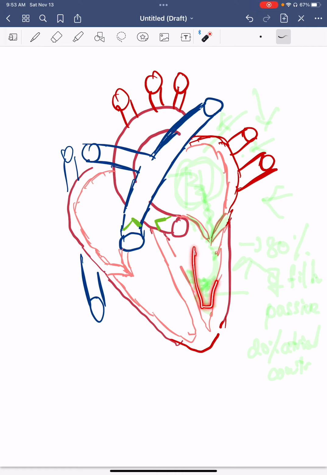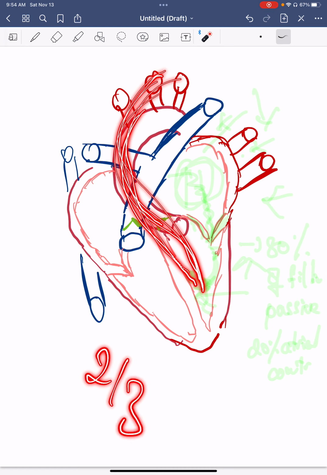Now the pressure in the ventricle is high, more than in the aorta, so the aortic valve opens. The aortic valve opens, the ventricle is already contracting, and now it rapidly ejects the blood.